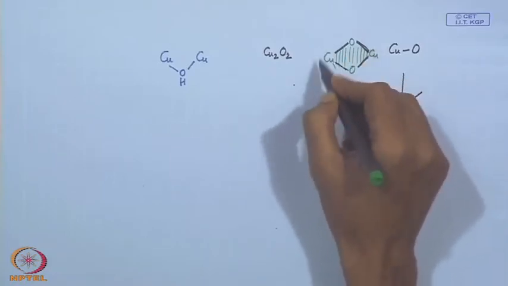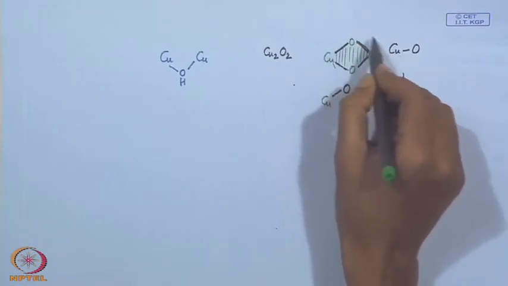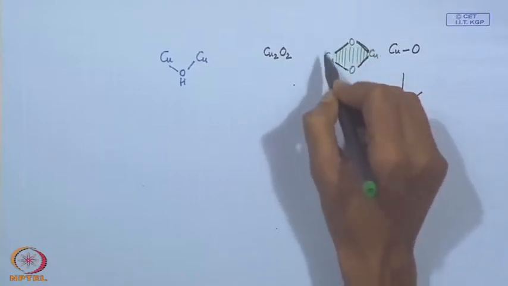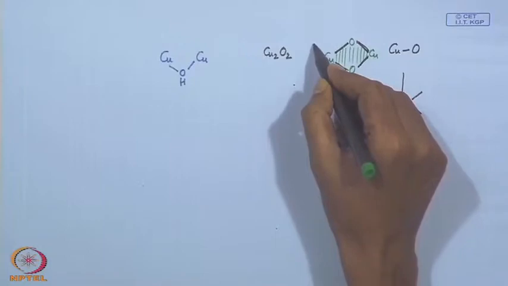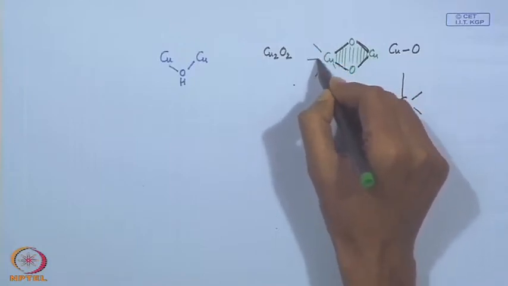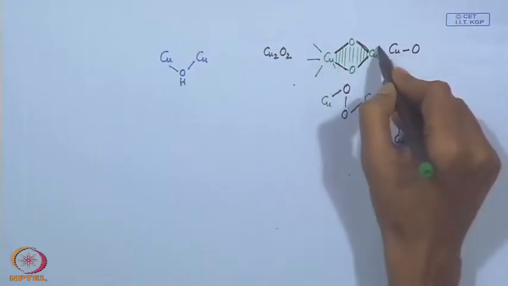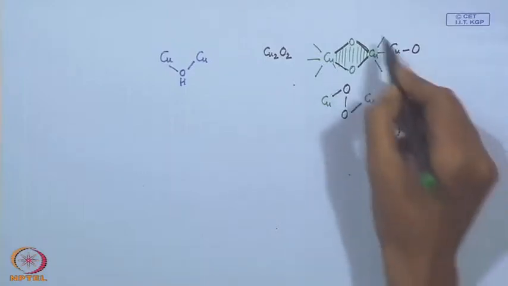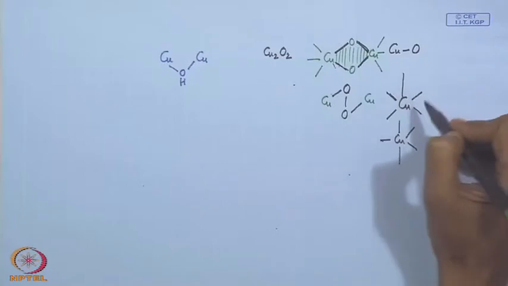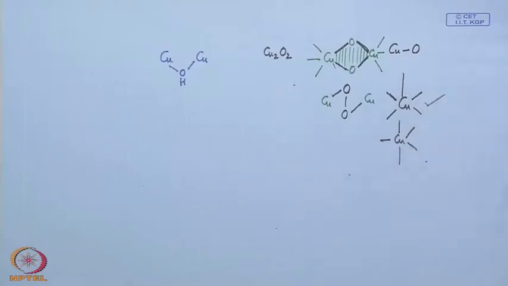These 2 coppers, this basic core we are talking about, we think is in the plane of the paper, but once you draw the other 3 bonds, it is a complicated one, whether you have a copper center of this or of that.